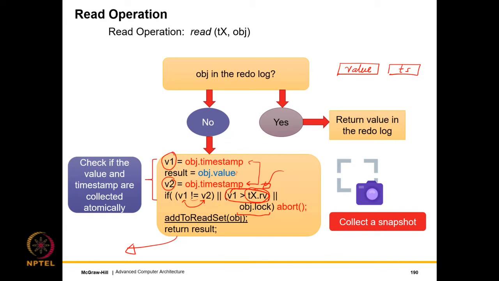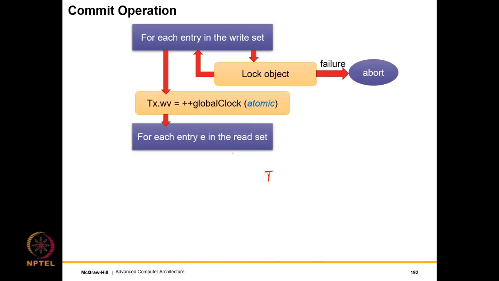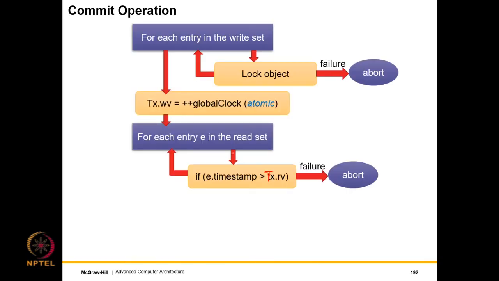We were checking the version with tx.rv. So again, I'm sorry, all the time tx should be like this. Okay, so that correction will be made. But here the key idea is that we do this check once again, which means that at the time of committing also we are ensuring that there is no read-write conflict. Okay, the reasons remain the same.